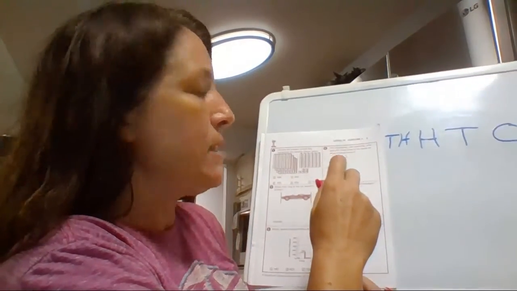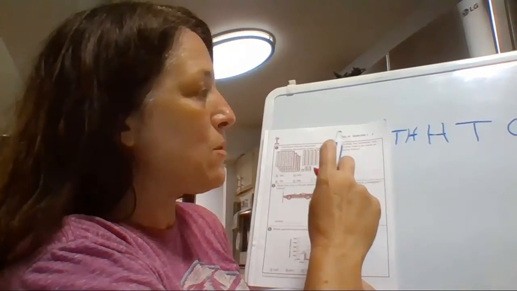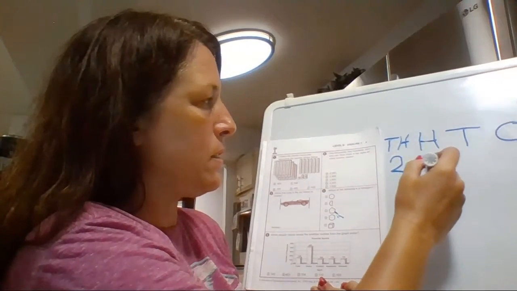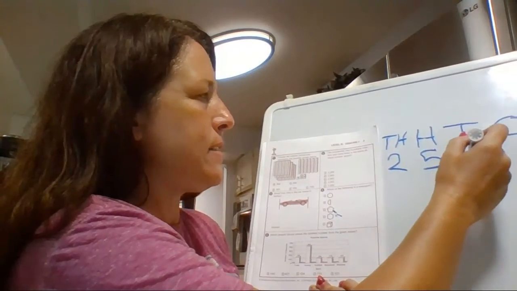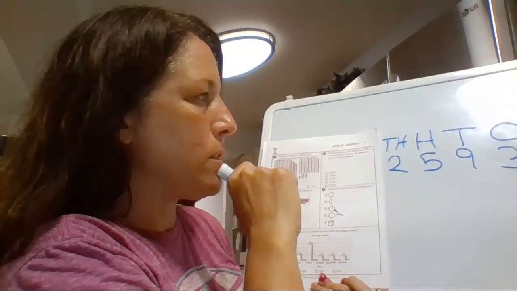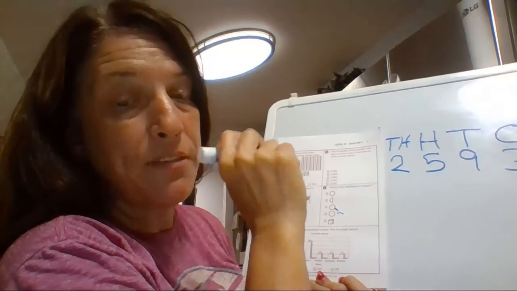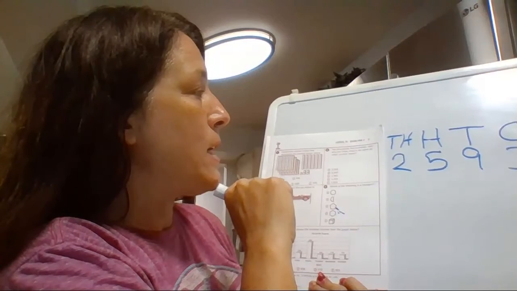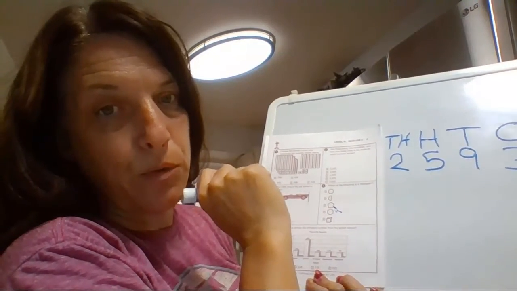So the number says 2,000s, 500s, 9 10s, and 3 1s. That's actually not word form. If it was word form, it would be written out. 2,593. That would be word form.